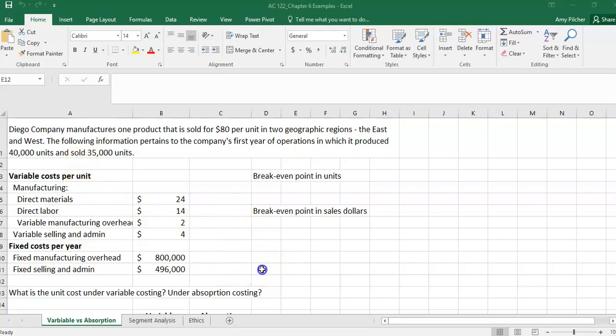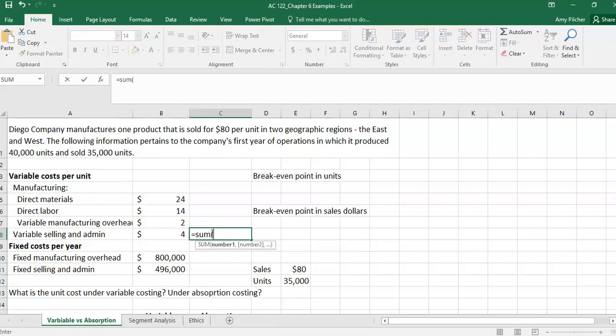Actually, just going to add sales price of $80 and units of 35,000 here. We'll add up our variable costs because we need that information for our break-even analysis.